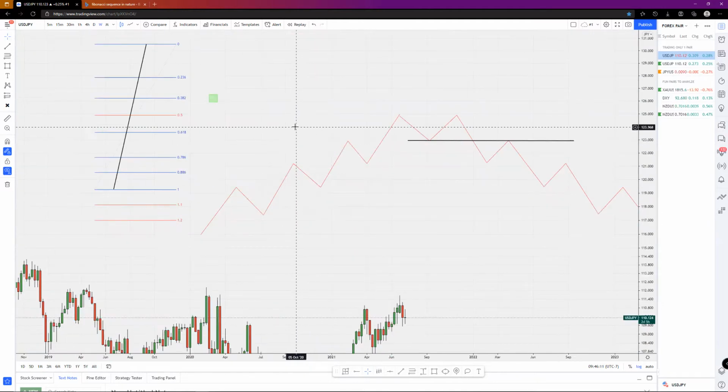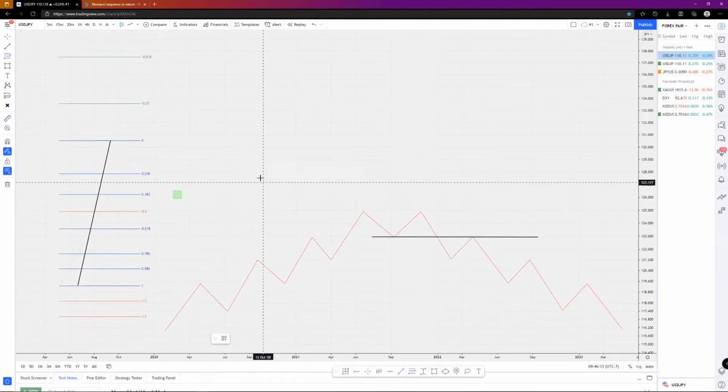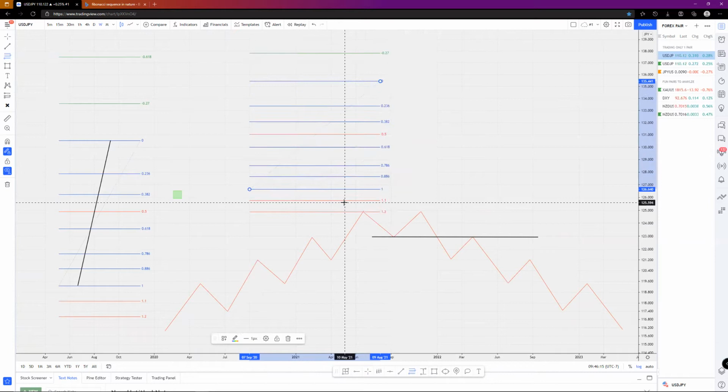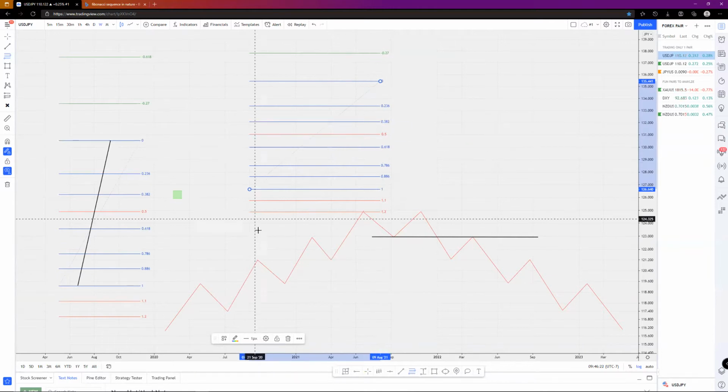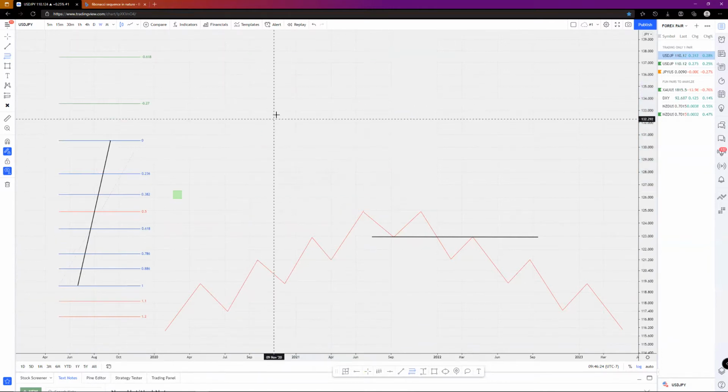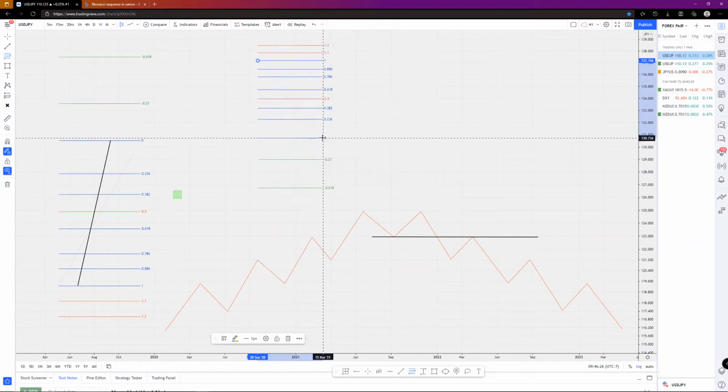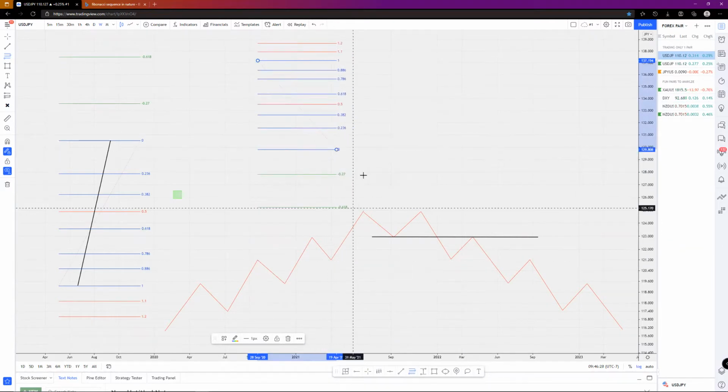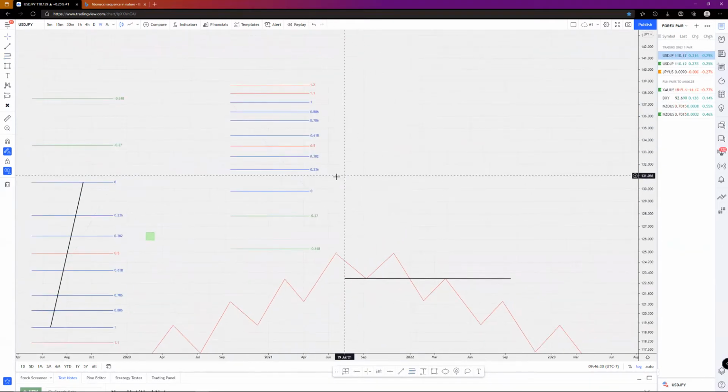When you're in an uptrend, you're always going to draw your fibs from the low point to the high point. Always in an uptrend, always from a low or a higher low to a higher high. You will always do that in the uptrend. In a downtrend, you always do it from the lower high or the highest point to the lower low, the lowest of the points.